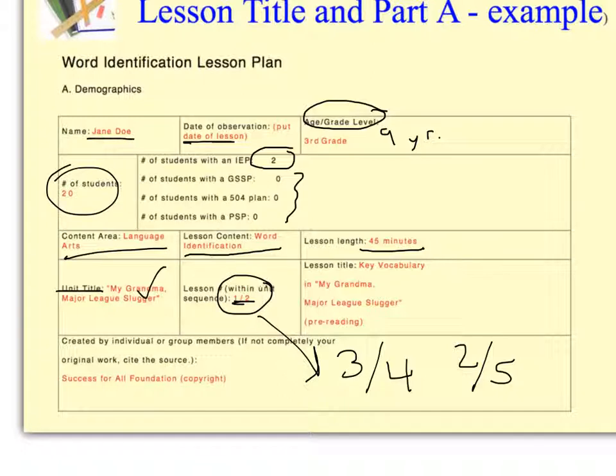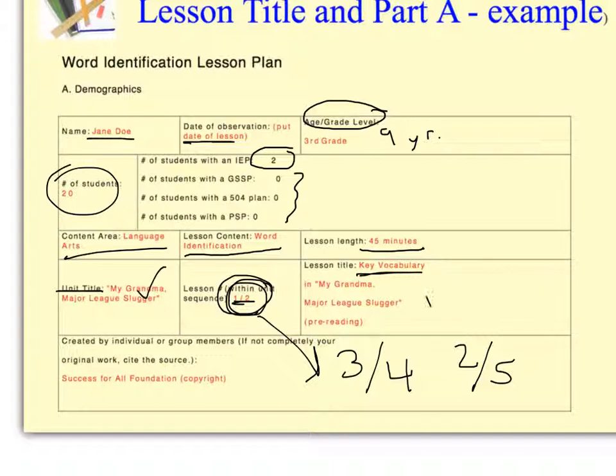That's what that fraction represents. What lesson number is this in the series? And that's important because anyone who would be observing you teach this particular lesson would need to know if students have any prior instruction and how far along you are in the sequence of teaching this content.